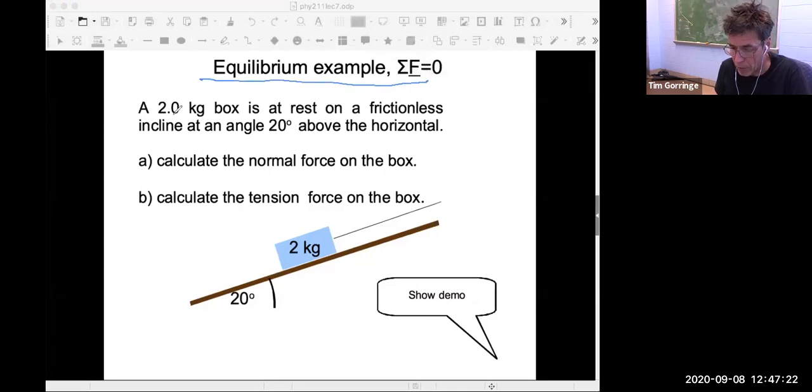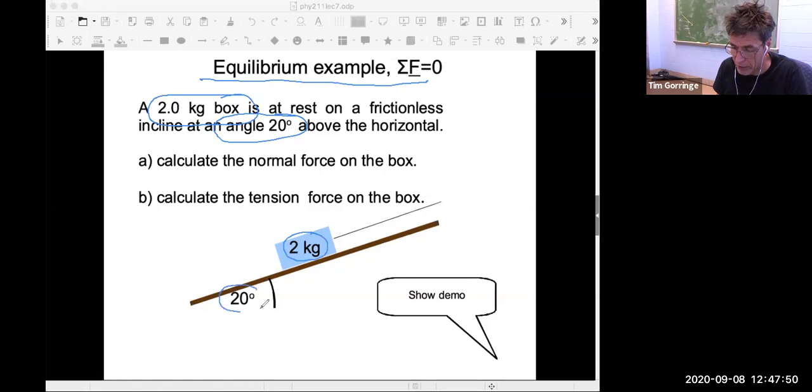So in this problem, we've got a 2-kilogram box, we're told. Here it is. We're told it's at rest on a frictionless incline at an angle of 20 degrees. And so here's a little picture. Here's the box, and here's the incline. So here's the 2-kilogram block.